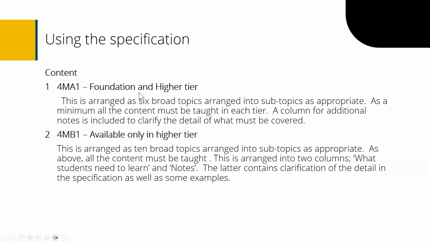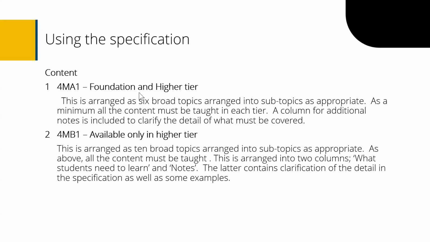Now, on this slide here, you can see the two different specifications. This presentation will cover content and refer to both specifications A and B. There are 6 broad topics in specification A and 10 broad topics in B, and that's something to be aware of.